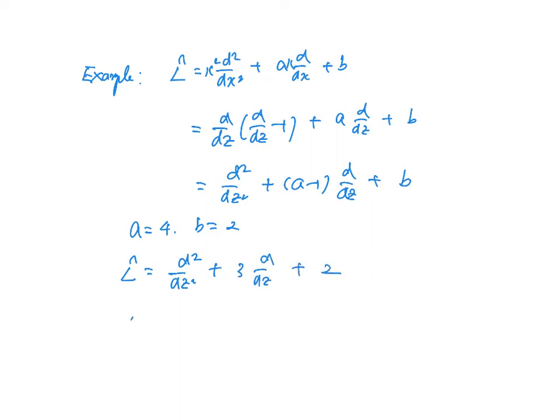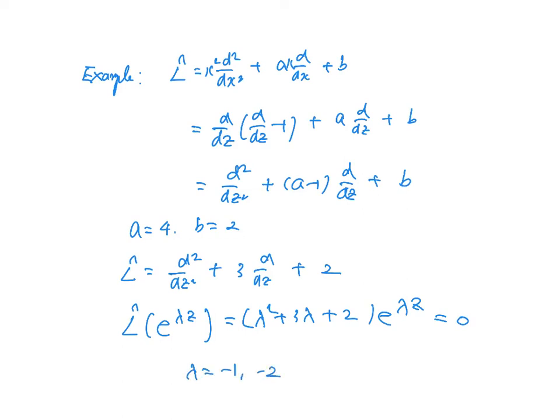So we can try L exponential lambda z as a trial solution. So lambda squared plus 3 lambda plus 2 times exponential lambda z is equal to 0. So lambda is minus 1 or minus 2, right? And z is nothing but ln x.